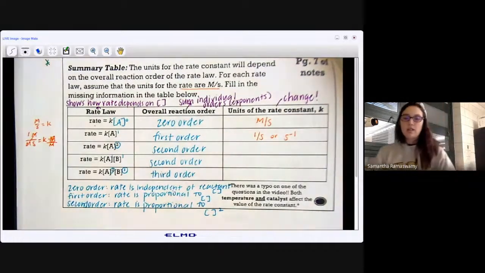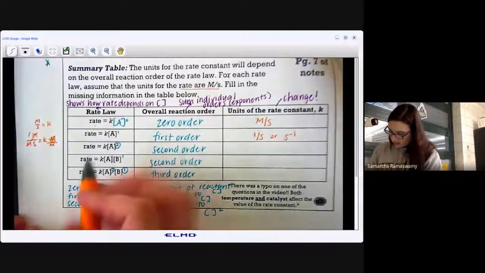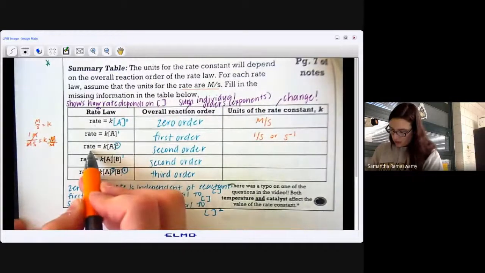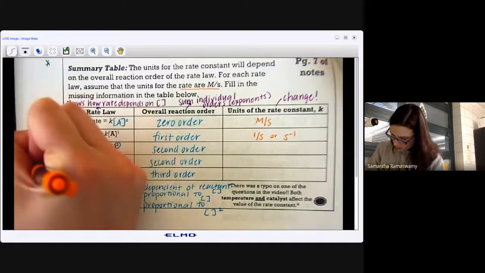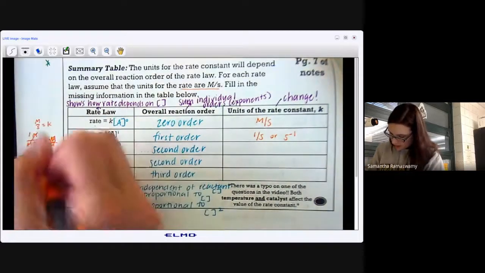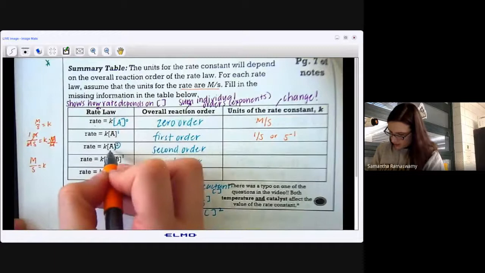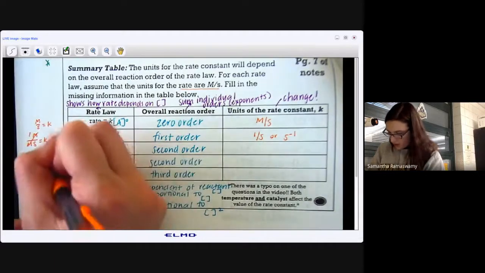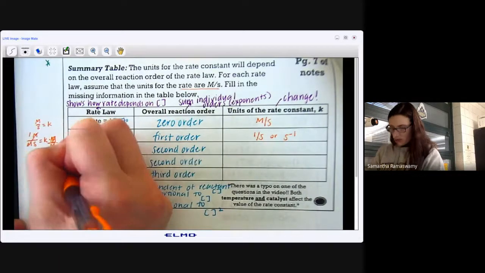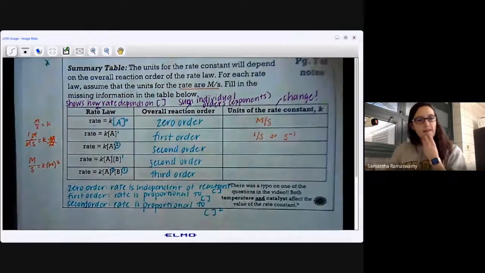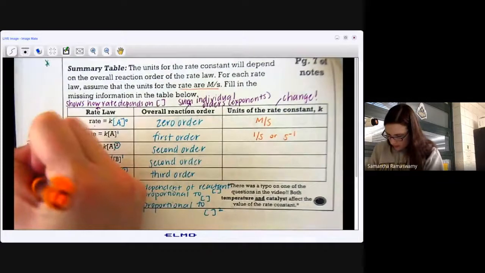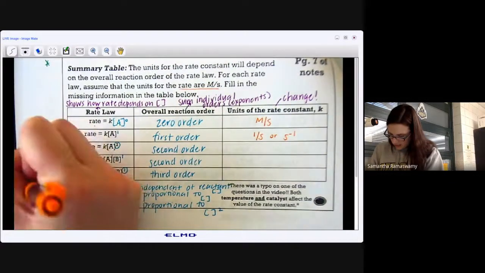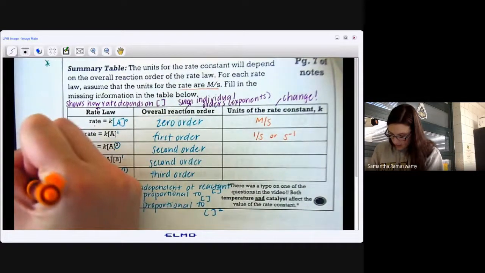And you could then do the same thing. So second order, let's look at this one. Rate equals K times the concentration of A squared. Rate is molar per second equals K times the concentration of A squared. So concentration is molarity squared. Solve for K. So that would be molar per second divided by M squared.